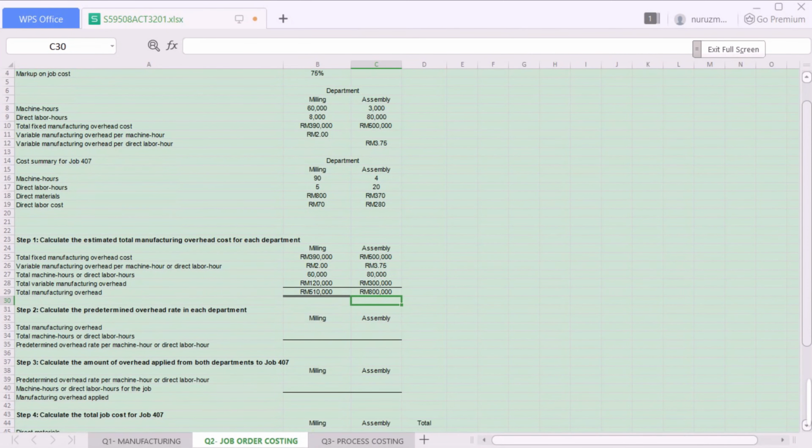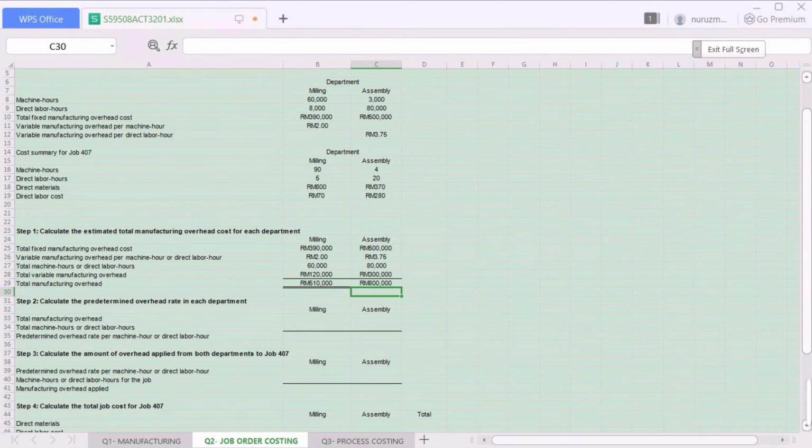Step 2. Calculate the predetermined overhead rate in each department. Total manufacturing overhead for milling is 510,000 and 800,000 for assembly. Total machine hours for milling is 60,000 and 80,000 for assembly.